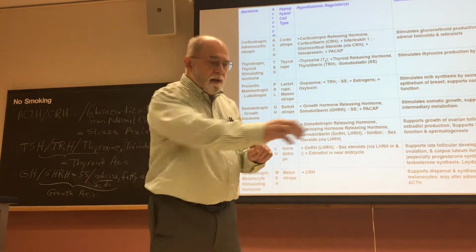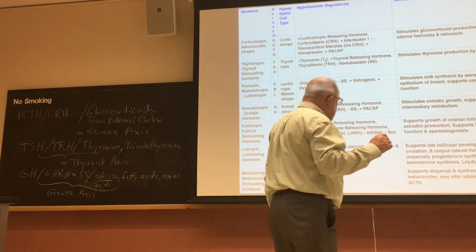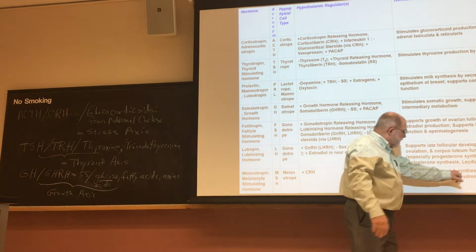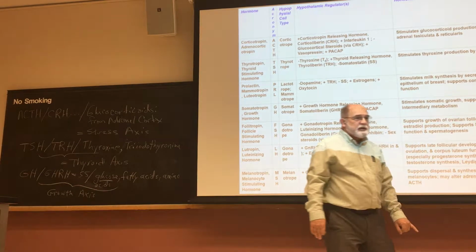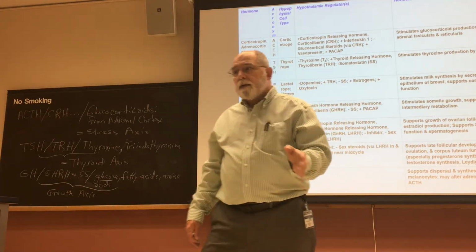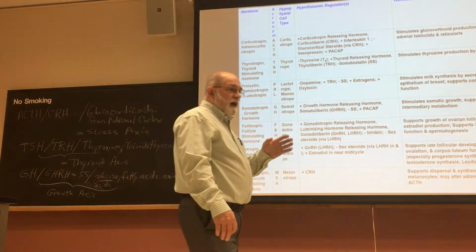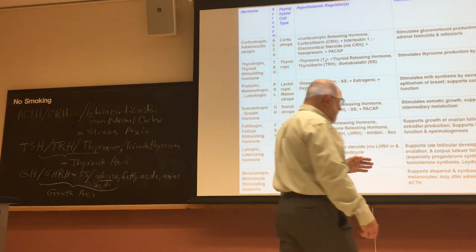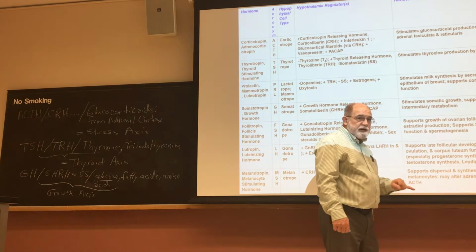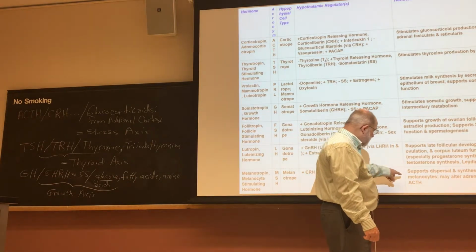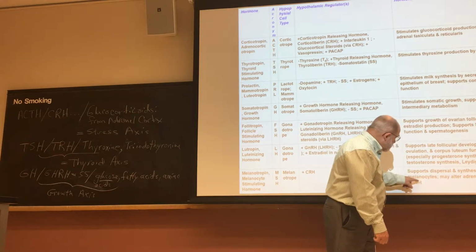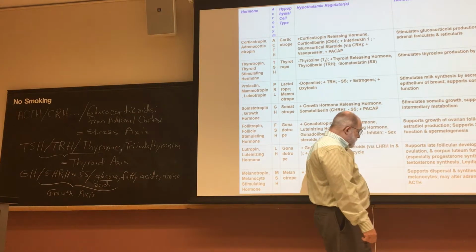So they're in the skin, and in the long run, they will determine pigmentation of the skin, of the hair, of feathers if you have them, the coloration of your scales if you happen to be a lizard or a fish. So all of that is supported by MSH.